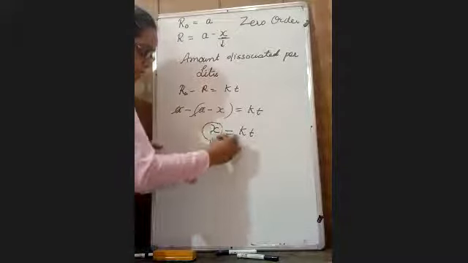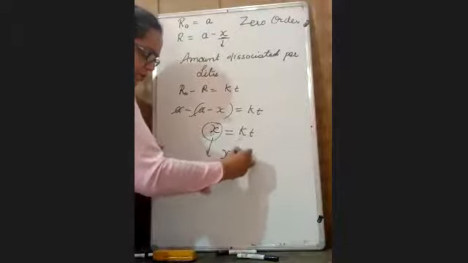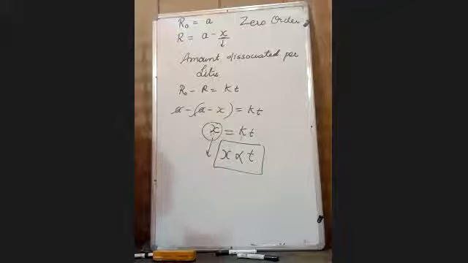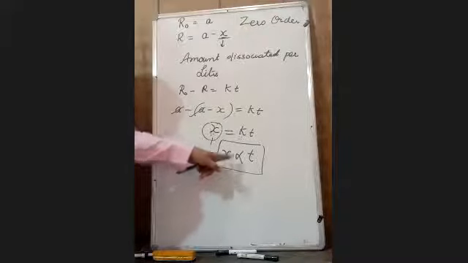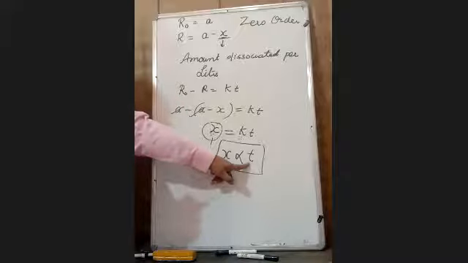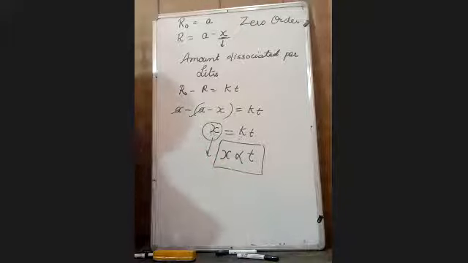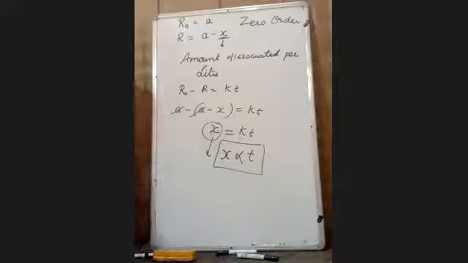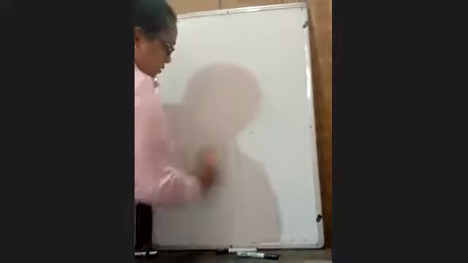Now, with this conclusion, I can say X is directly proportional to T. Very important point according to competitive exams. Amount dissociated per liter is directly proportional to the time. Or if the time taken in a particular reaction is same, then same amount of substance will be dissociated. I will be taking one example, then your concept will be more clear.